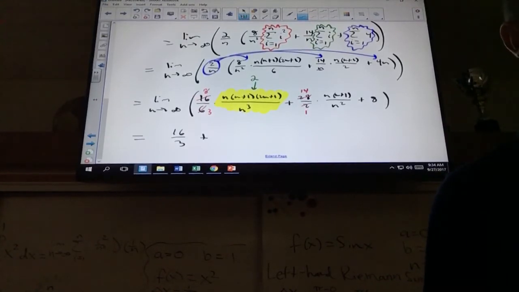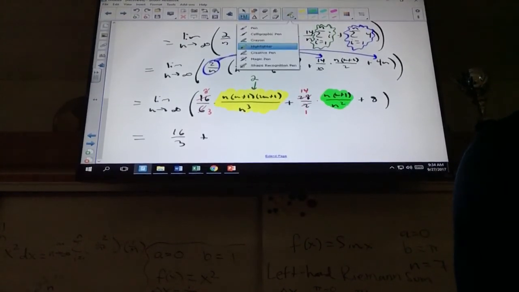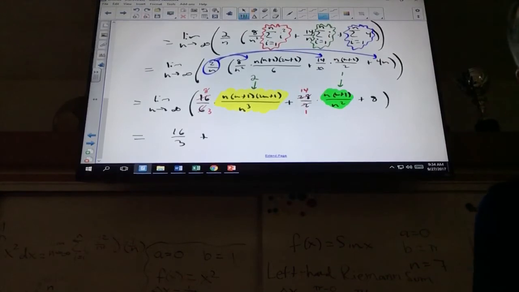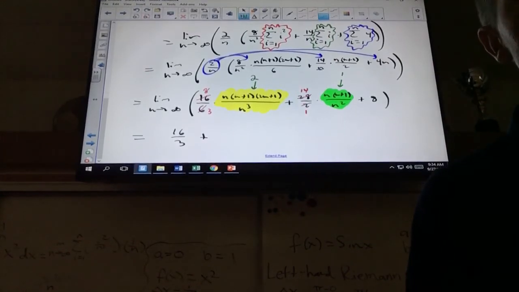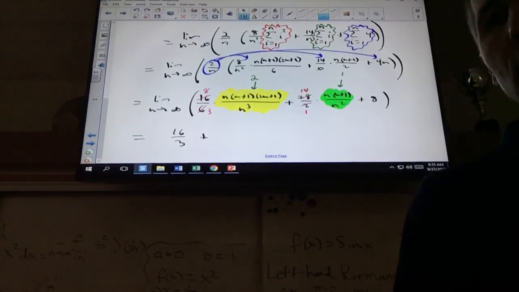Now when I apply the limit to the second term, this right here is just going to be 1. I get that because I have n squared plus n all over n squared. When I take the limit as n approaches infinity, the degrees are the same, they're both 2, and the leading coefficients are both 1, so it's going to be 1 over 1, which is just 1.